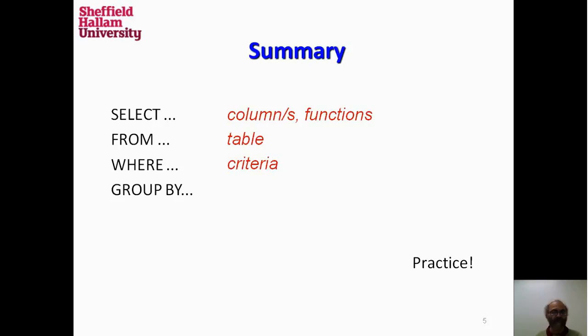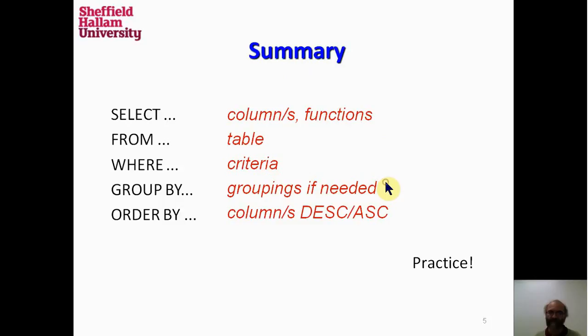You could also use group by and organize your groupings depending on the functions that you have been using. Then you can also order your data depending on which columns you want to order by, using descending or ascending. Do I need to tell you to practice?